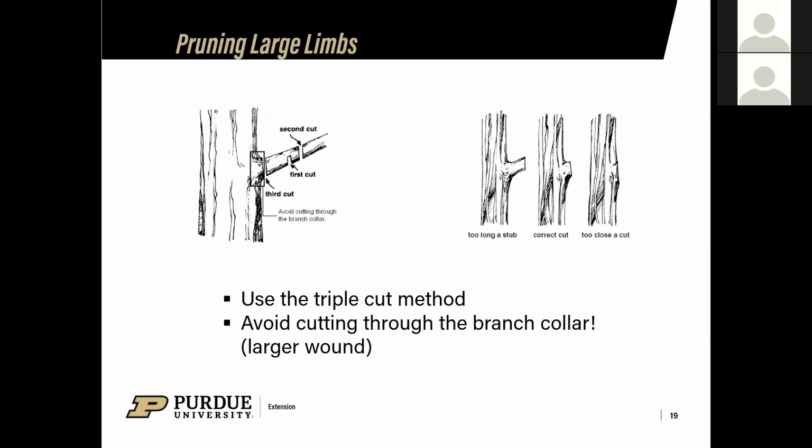On the far right, you've cut into that swollen area or that branch collar. So we want to avoid that because you're making a much larger wound. The correct cut there in the middle, you're cutting that branch off right outside of that branch collar. That swollen area is ideally what we want to look for.